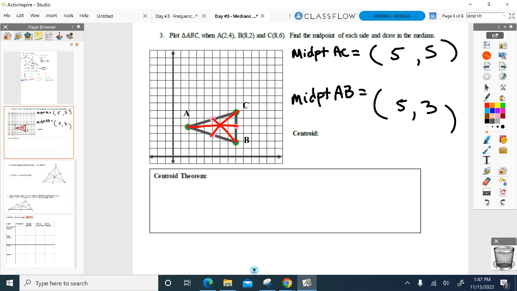It would balance right on your pencil. The centroid is the center of gravity for any triangle. So if you ever try that out, find the centroid, put your pencil point right underneath, and it should, no wind in the air, balance perfectly.